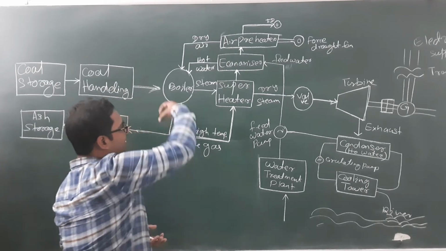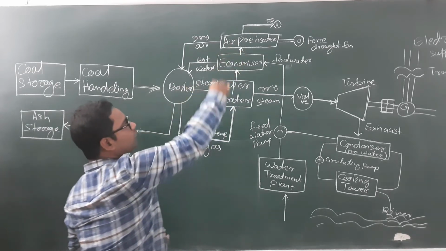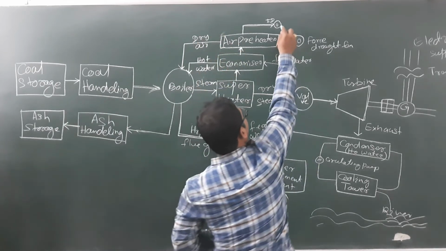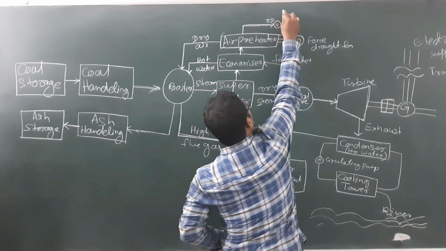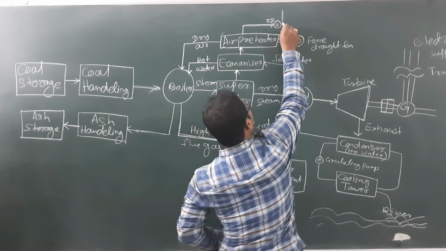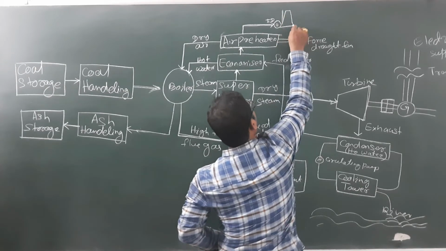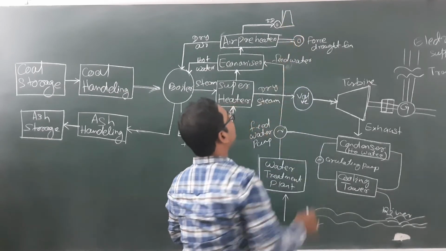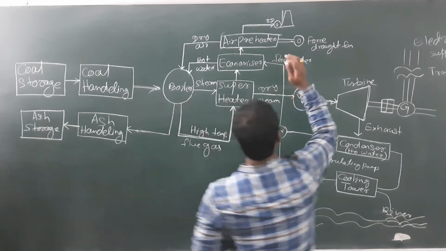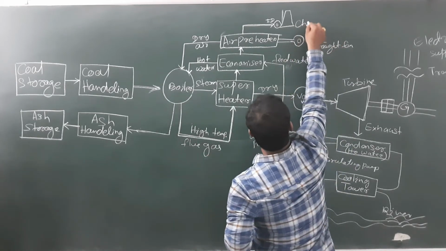That means it will induce the air from your boiler to that chimney. So this will finally be your chimney. The chimney structure is like that, and below the chimney one fan is present, that is your induced draught fan. This is the chimney.